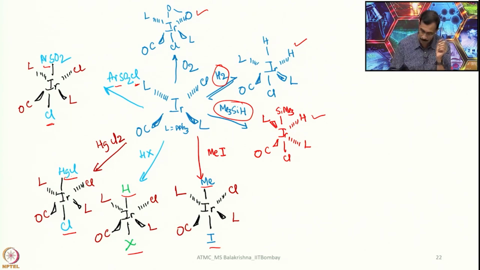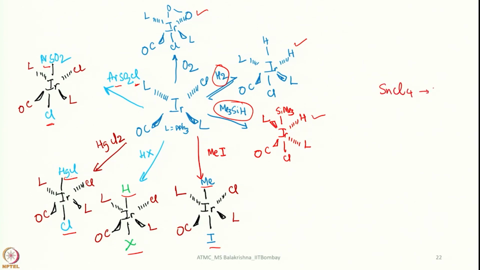If you consider substrates such as SnCl4, this can also add as SnCl3 and Cl, and if you consider CH3SO2Cl, this also adds separately at trans positions on iridium here.